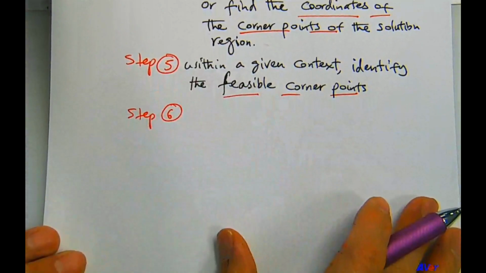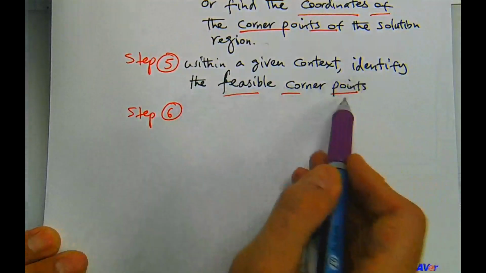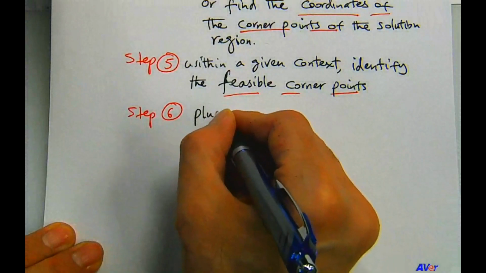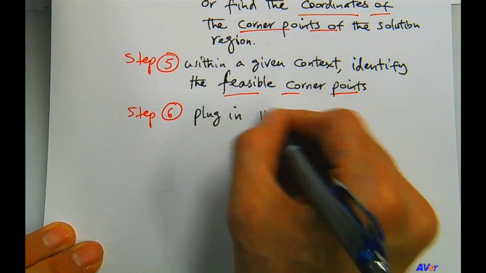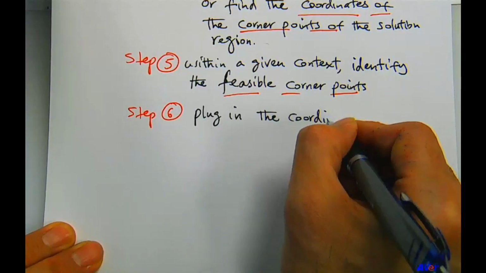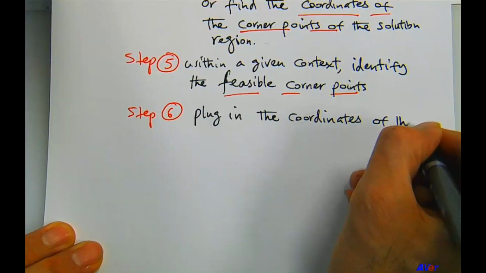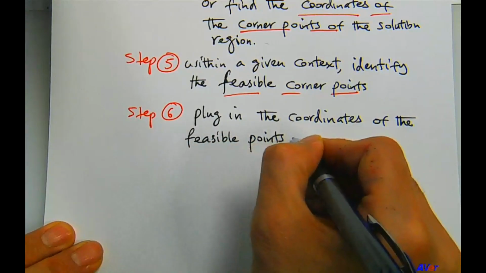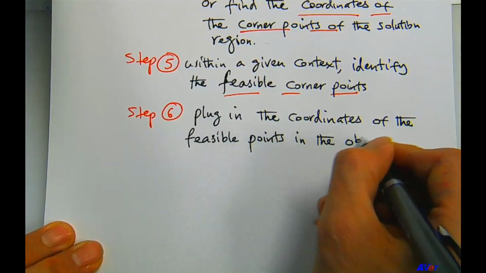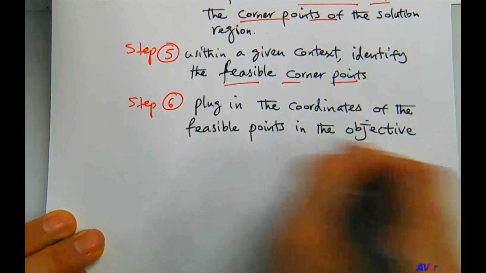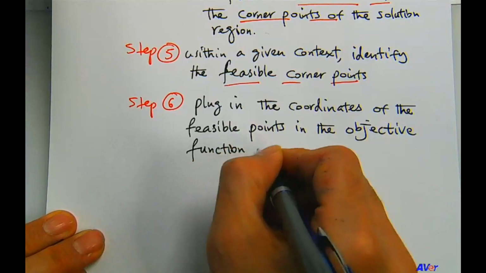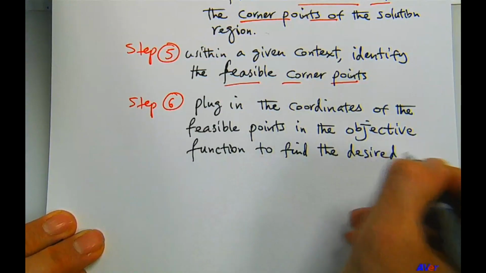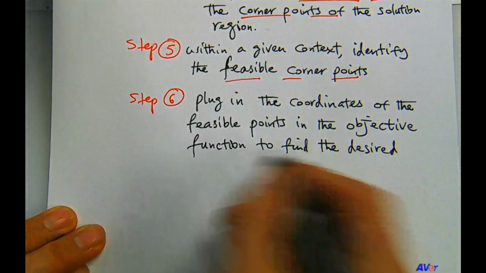Okay, and then lastly, after step 5, we've identified all the feasible corner points, and the last step is to find the desired minimum or maximum value.